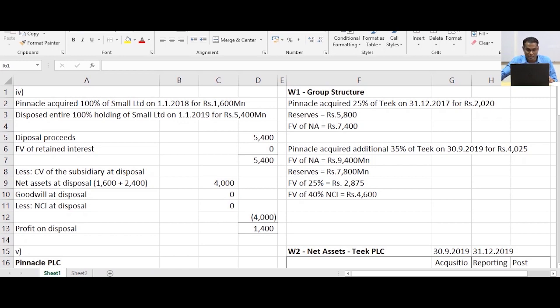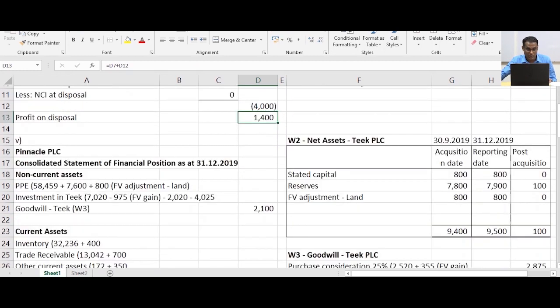And remember, this disposal took place on when? Very important, look at the disposal date. The entire holding of Small Limited was disposed of on 1st January 2019, which means at the beginning of the current financial year. Now this consolidated profit on disposing of the subsidiary has to be included into the consolidated income statement. But you have to look at one thing.